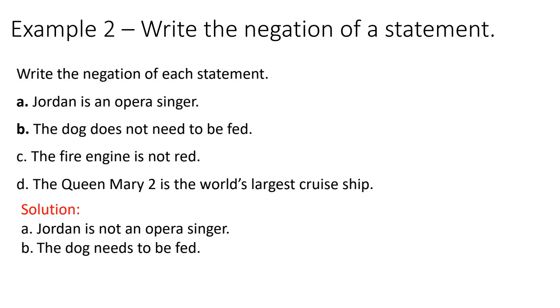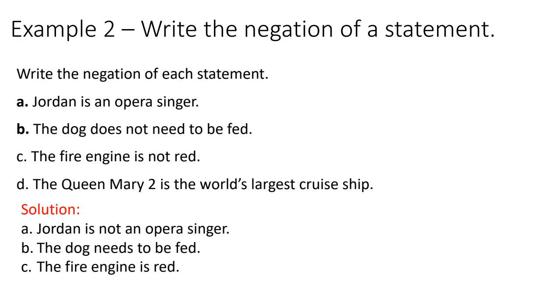Let's look at example C. It says the fire engine is not red. Well, the negation of this is the fire engine is red. And last, example D, the Queen Mary II is the world's largest cruise ship. Well, this is in positive form.